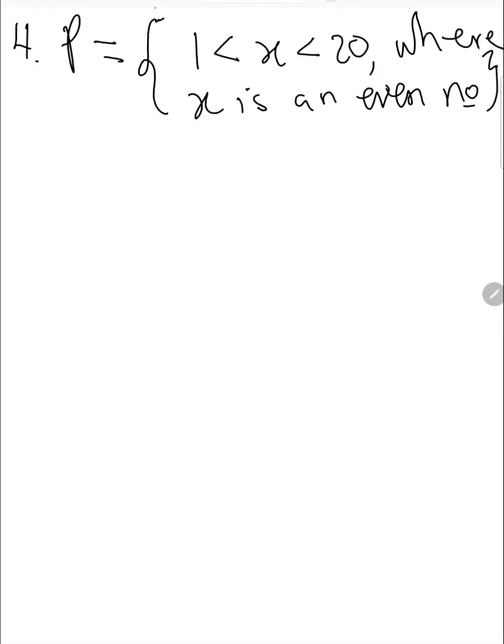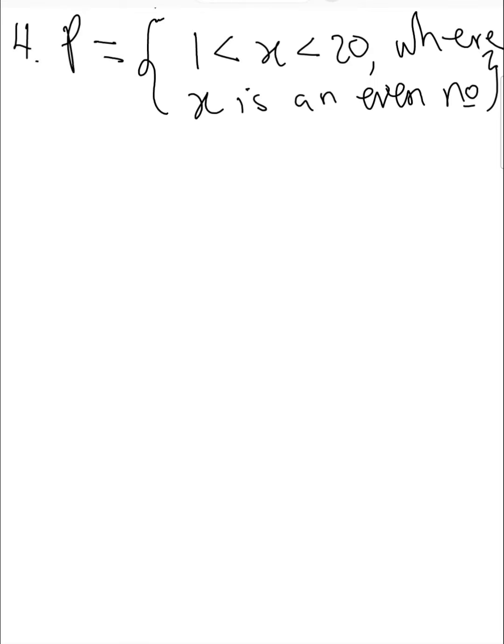So we can also write it this way: x lying between 1 and 20, or x is greater than 1 but less than 20, where x is an even number. So we have so many ways of describing or defining a set.